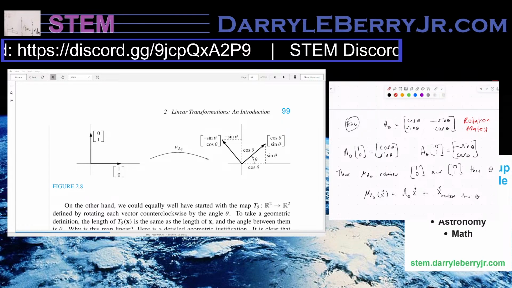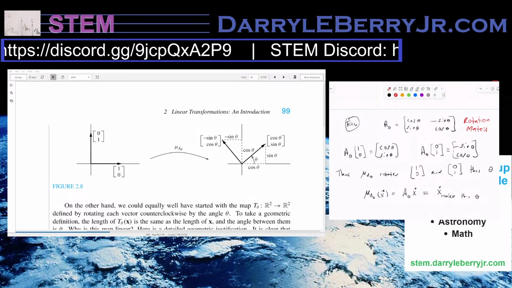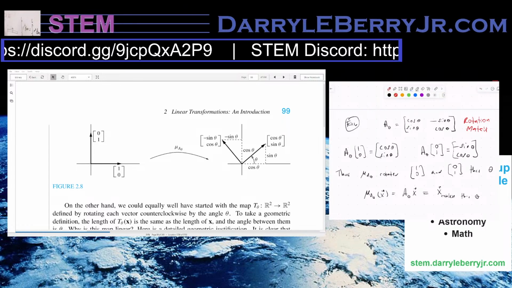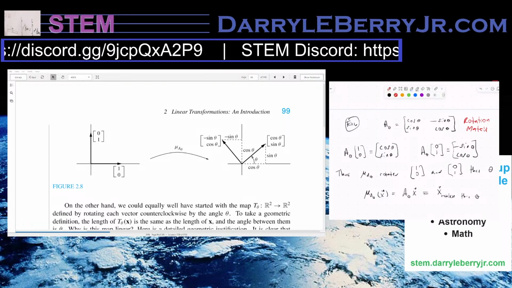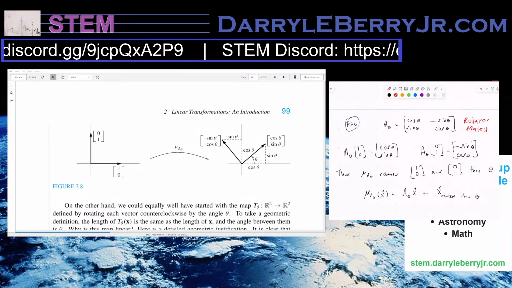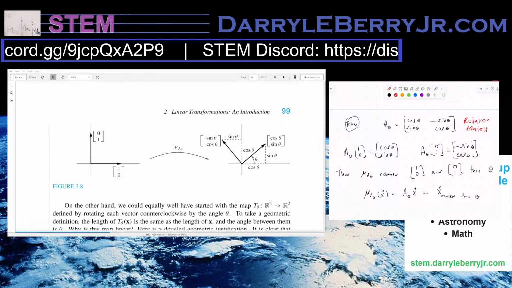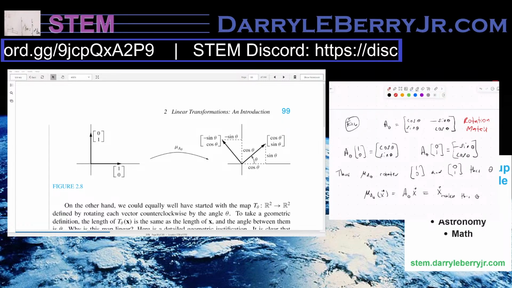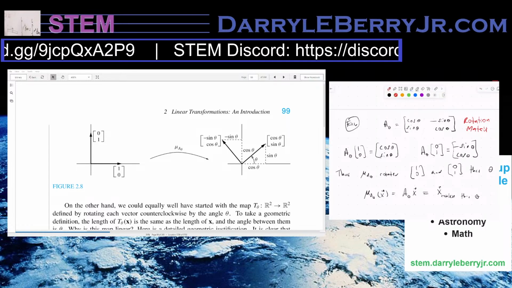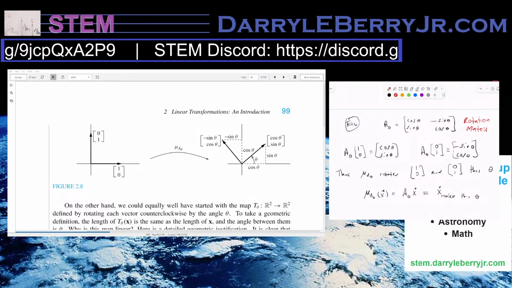Cosine of 0 is 1. Sine of 0 is 0. So when theta is 0, it doesn't rotate at all. Sine of 0 is 0, cosine of 0 is 1, so that stays the same. Sine of 90 degrees is 1.